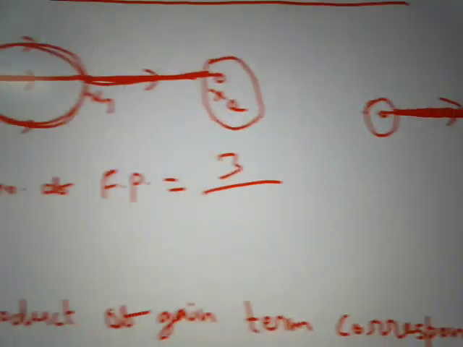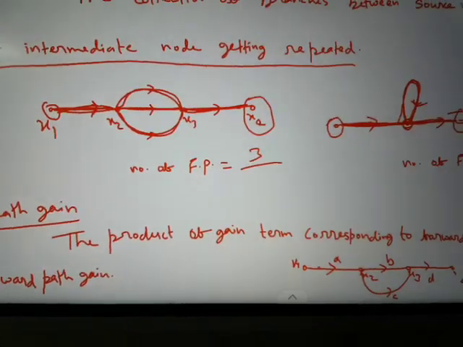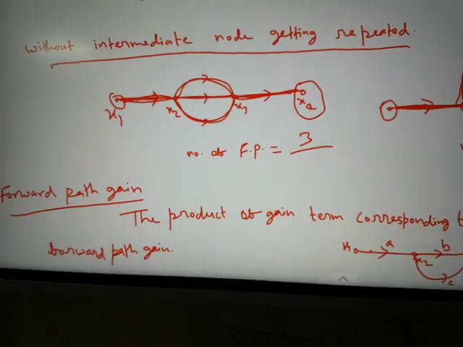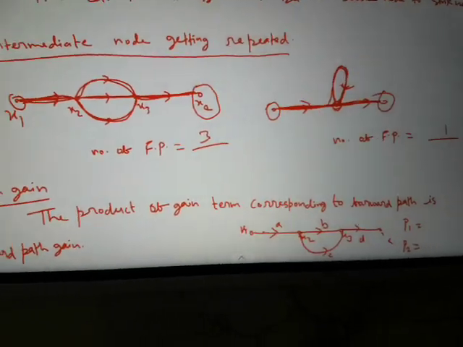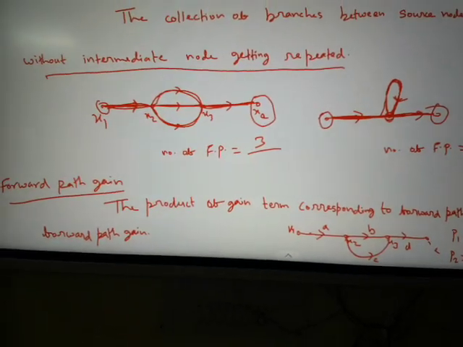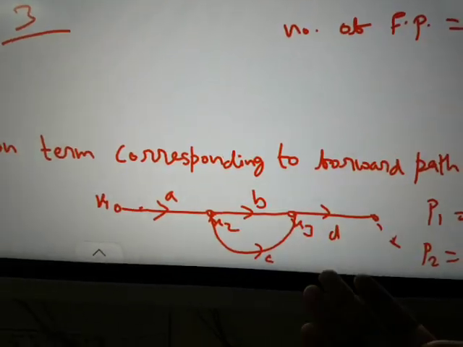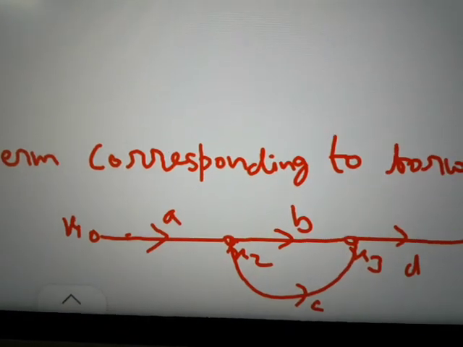Now forward path gain. Simply, the product of the gain terms corresponding to a forward path is the forward path gain. Now see these examples.